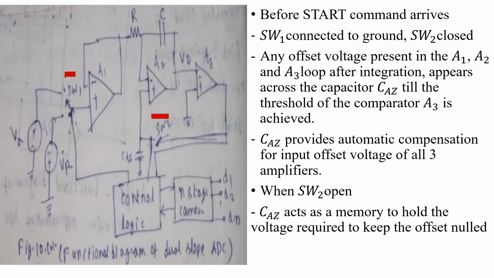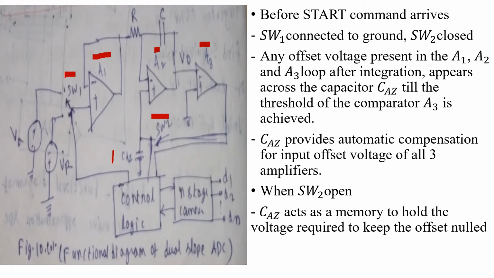Any offset voltage present in the A1, A2, A3 loop after integration appears across the CAG capacitor, until the threshold of the comparator A3 is achieved.